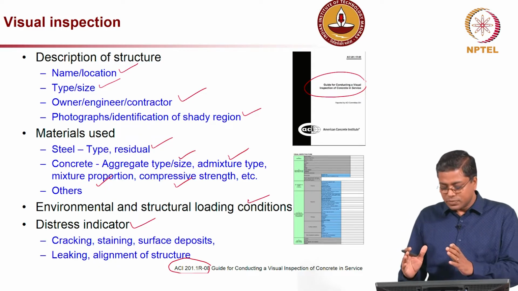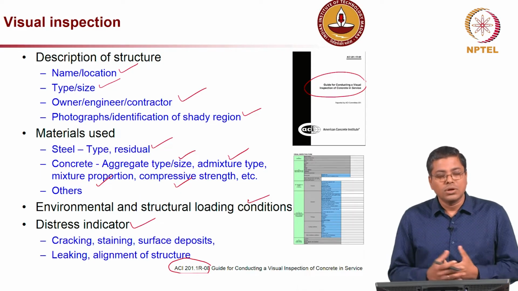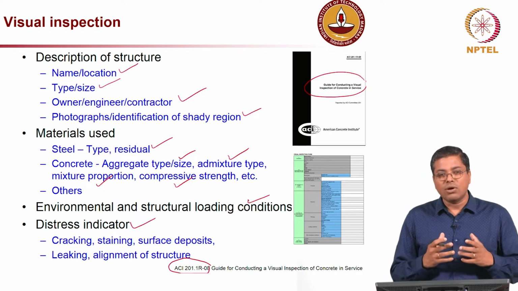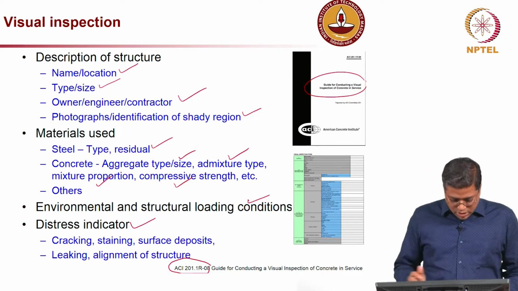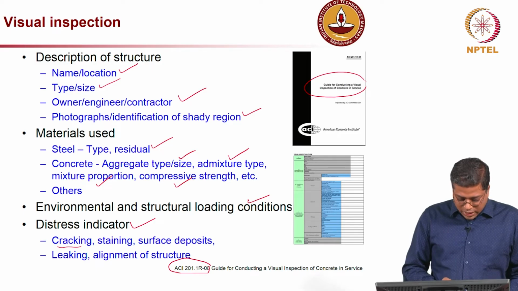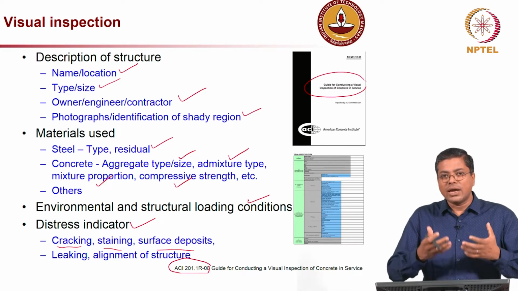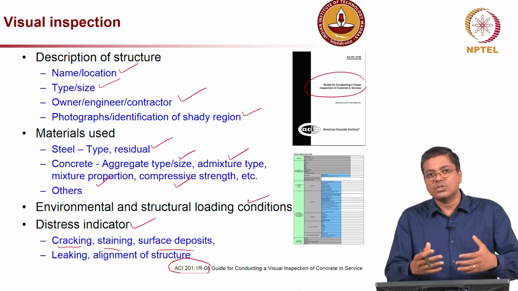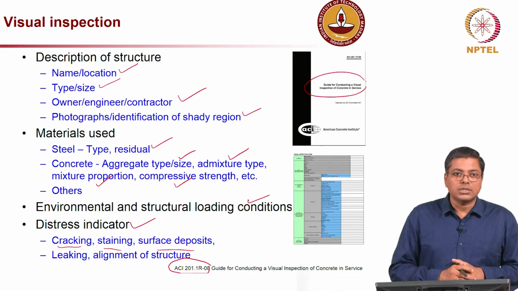So, I would say before going for visual inspection, you need to know what you want to inspect for. That is very important: some idea of what to inspect for must be there before you go. Now, distress: cracking, staining, surface deposits, leaking, alignment of structure, you should have an idea on all these things. These are indicators of something happening inside the concrete or the structure.